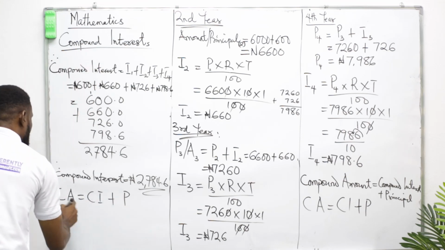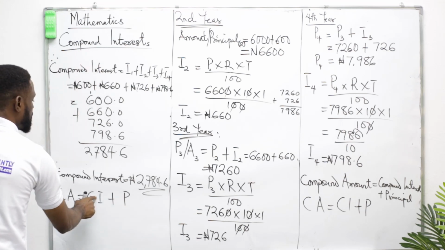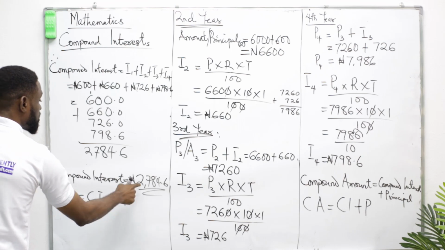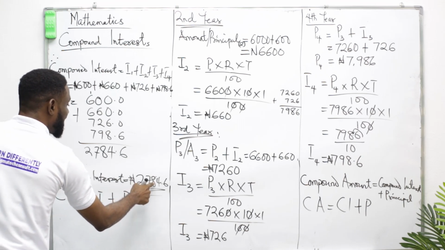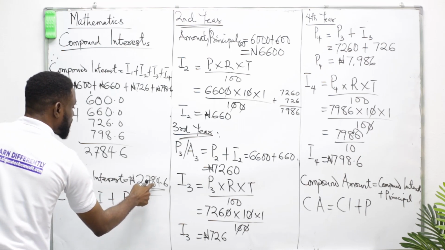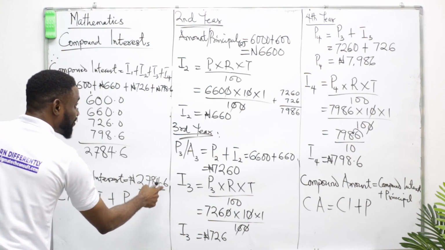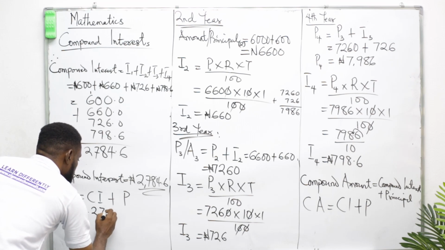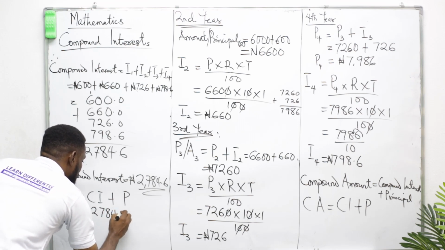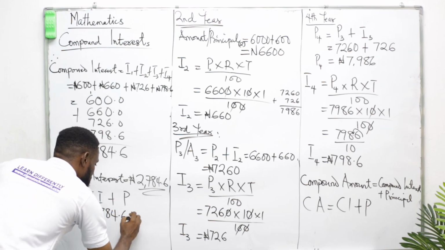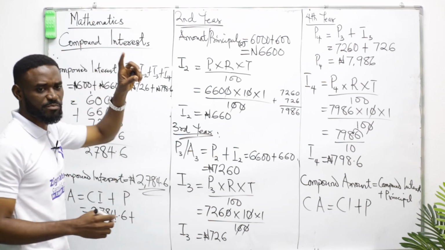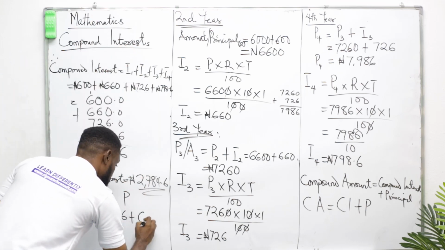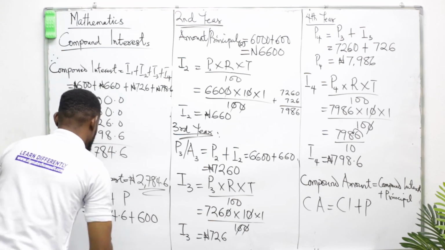So our compound amount is equal to our compound interest, 2,784.6, plus our principal, which is 6,000. That is that first money they told us about.